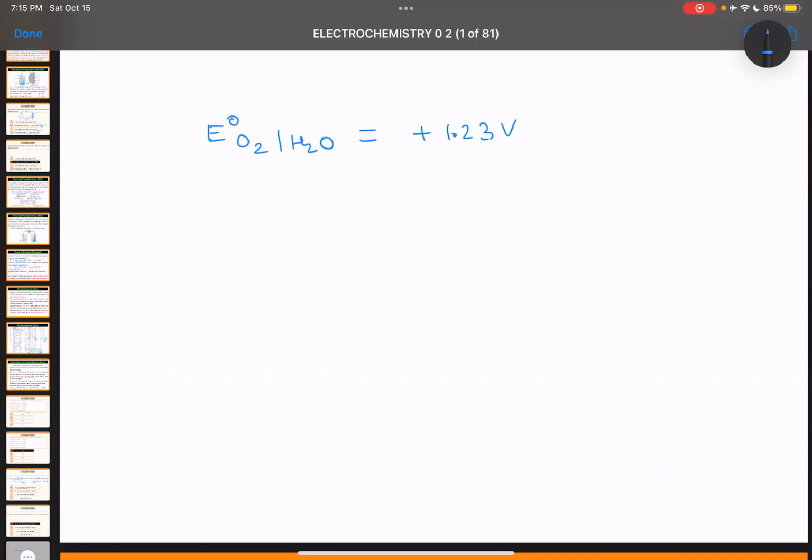This is the electron accepting tendency of oxygen, and there are some other electron accepting tendencies given to you.